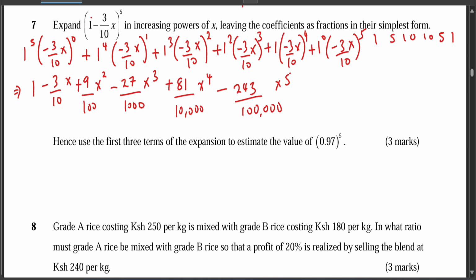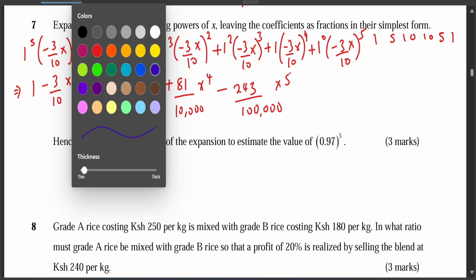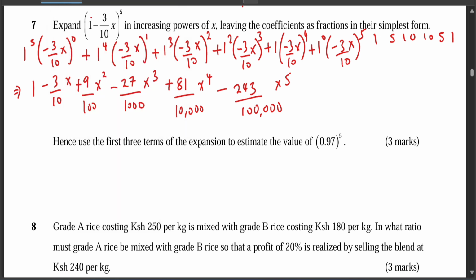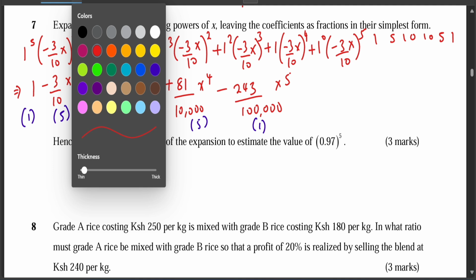So now let's find the real answer. This is not your final answer. You need to multiply each one of them with their respective coefficients. So we'll multiply by 1 here, by 5, then by 10, then by 10 as well, then by 5, then by 1. So at the end of the day, your final answer will be like this.